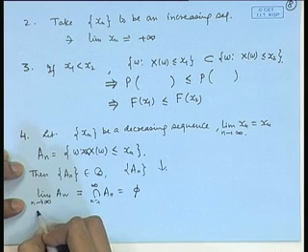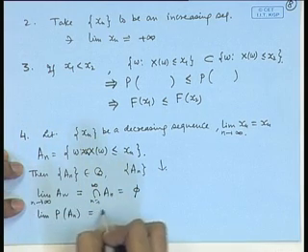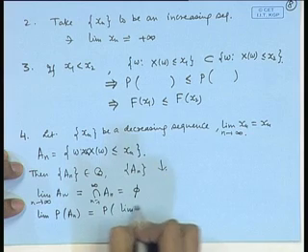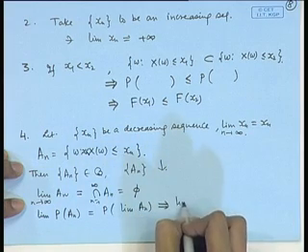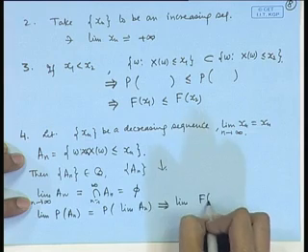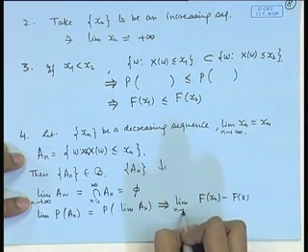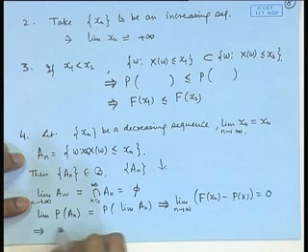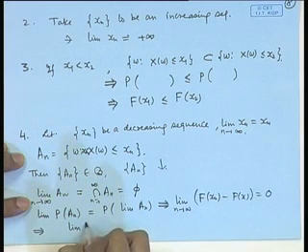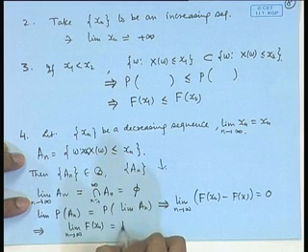So if I take limit, probability of A_n is equal to probability of limit of A_n, then this implies that limit of F(x_n) minus F(x) as n tends to infinity is equal to 0, which means limit of F(x_n) as n tends to infinity is F(x).